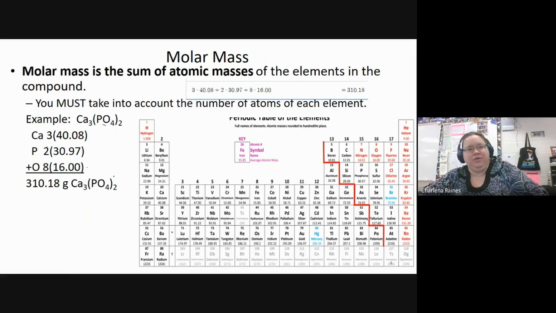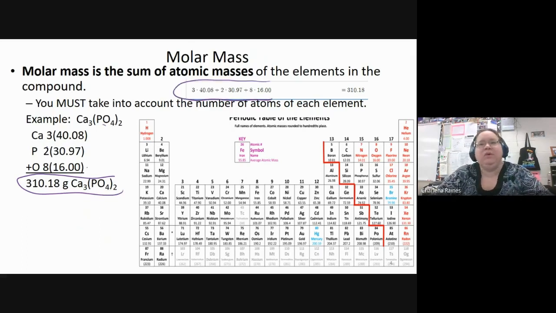So either way you show it, you get to the same answer. We have a molar mass of 310.18 grams. What that means is if I had 1 mole of this substance, it would weigh exactly 310.18 grams. Remember, a mole is the unit of measurement that is unique to chemistry. It tells me how much of a substance we have.